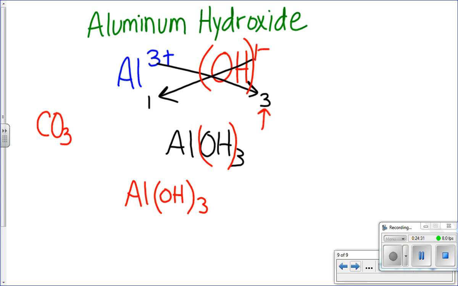If we were doing carbonate here, we would have to put the parentheses around the CO3 and then put our subscript on the outside of that whole thing. Just remember, you want to protect that polyatomic ion so that nothing can change it. This isn't changing anything. It's just telling us how many of this we have. It doesn't change the actual formula.